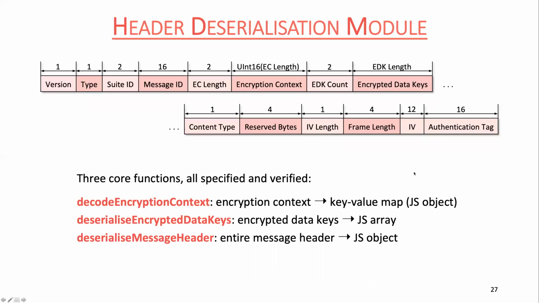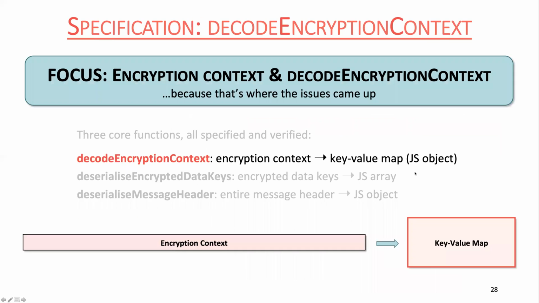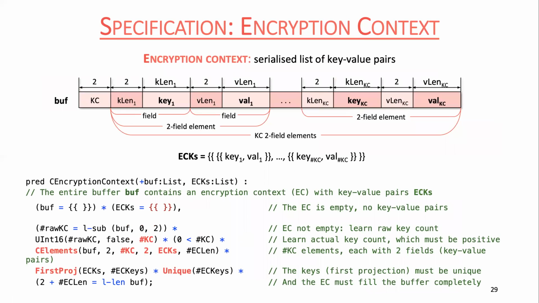And there's 3 core functions. I'm concentrating on one associated with this encryption context. We've got this predicate. This predicate says this buffer, which is this list of bytes, matches this list here, where you've got the structure of the key value pairs in a list, but still these keys and values are bytes.